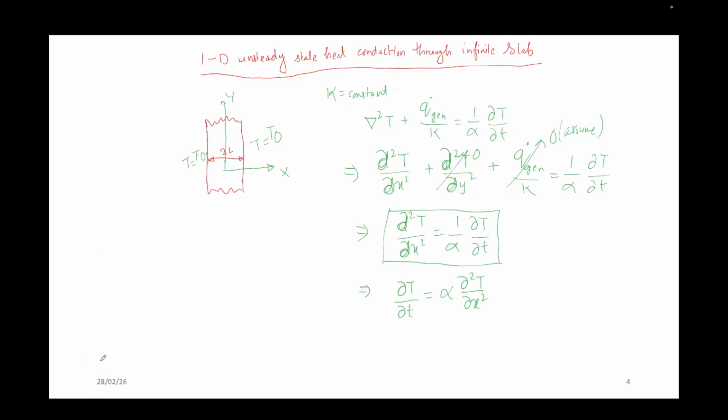Before this, let us assume this theta be T minus T naught. Okay, so that is our assumption, right?